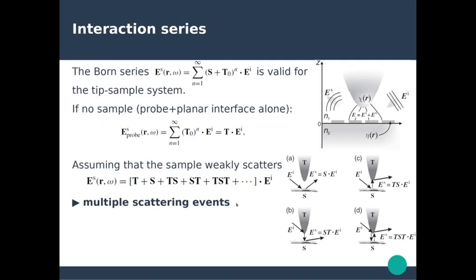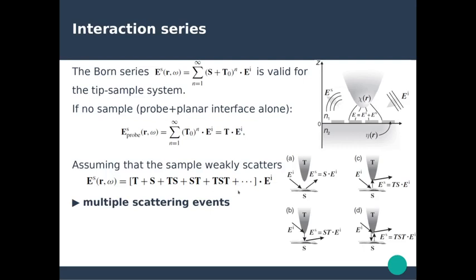So this is pictured here on panels B and C. In panel B, the incident light scatters off the tip first, and then the scattered field from the tip scatters off the sample after. So you have two scattering events occurring successively here. Panel C is the other way around, so it scatters off the sample first and then the tip after.